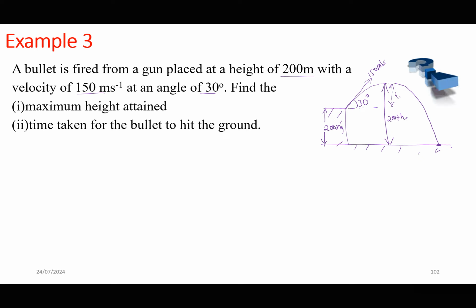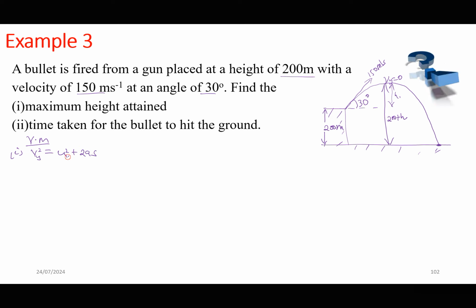So to begin with, I'm going to find a small h using maybe I can consider vertical motion. If I consider vertical motion for Roman 1, and I will use, remember at the maximum height here, v in the vertical is equal to 0. So using v squared equals to u squared plus 2as.